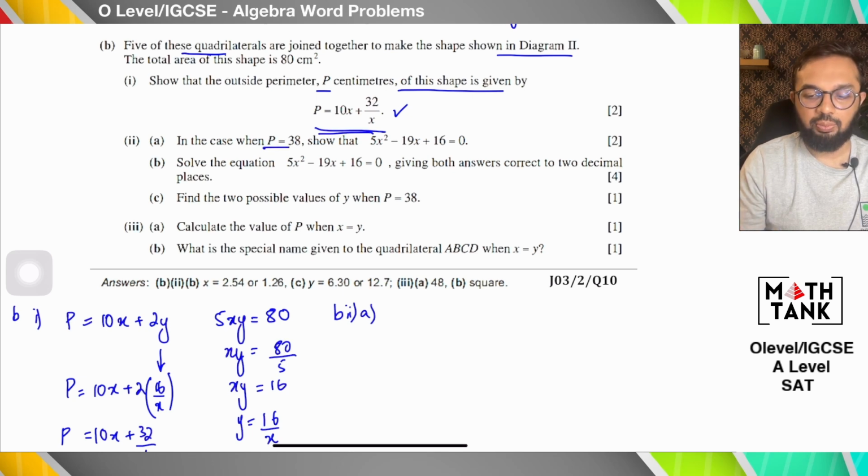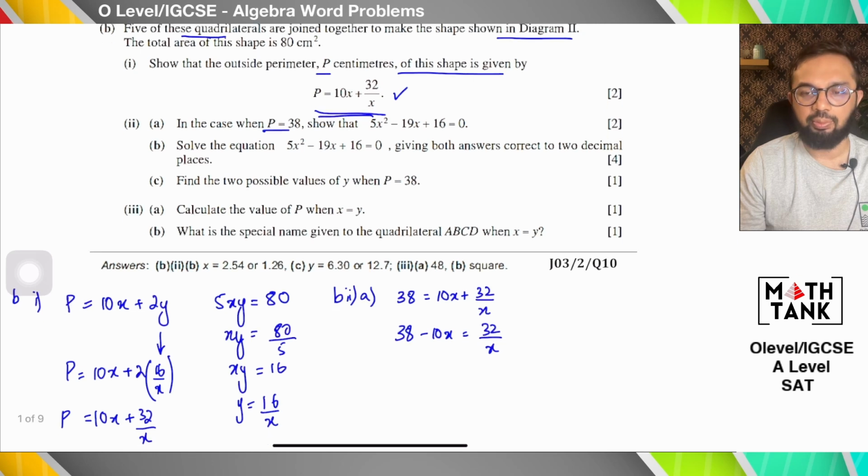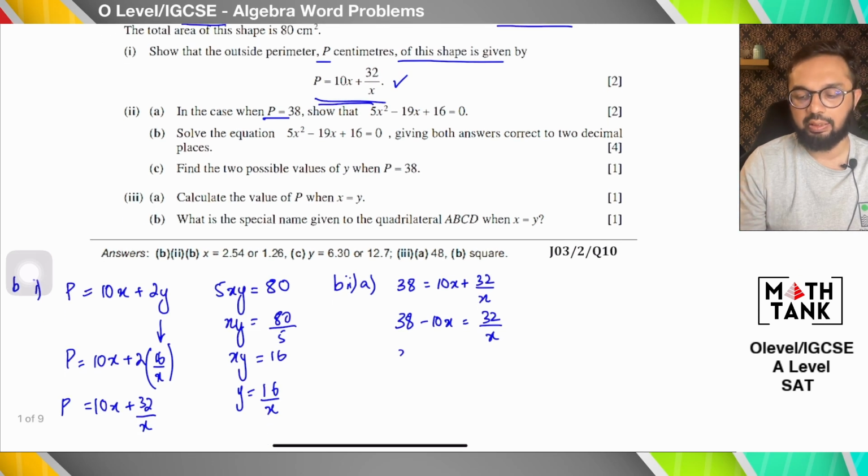In the case where P equals 38, so 38 equals 10x plus 32 over x. Show that the equation is this. So what I want to do is bring an equation in one line and say that it turns into a quadratic equation that looks like this. I think that's easy. Instead of taking an LCM, I'm going to move this to the other side and then cross multiply x. I get 38x minus 10x squared equals 32.